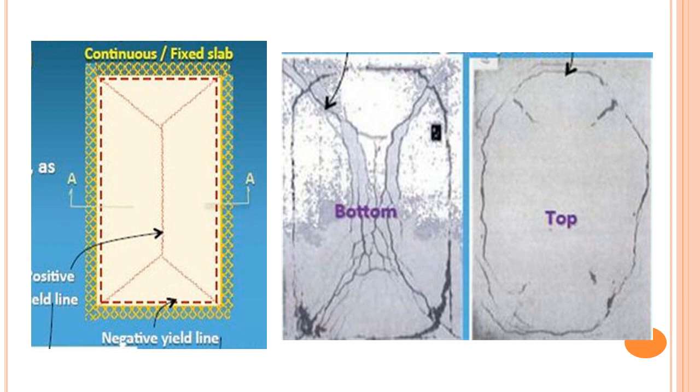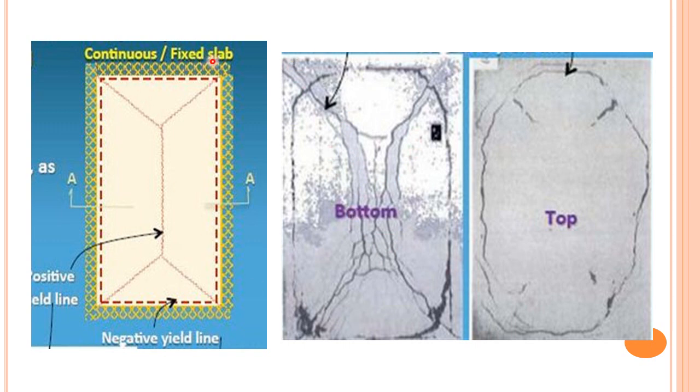Here for this continuous or fixed slab supporting condition, we have this yield line pattern: the positive yield line at the center and the negative yield line at the support. The positive yield lines you can generally observe at the bottom of the slab, and they end at the boundary.